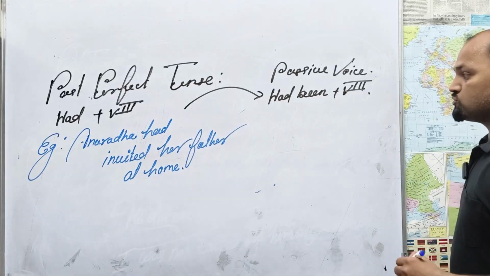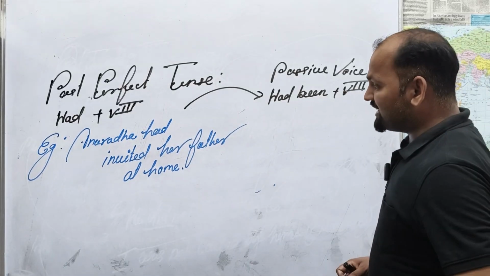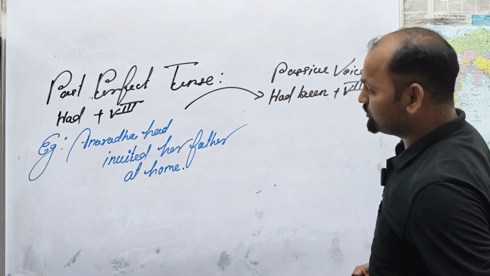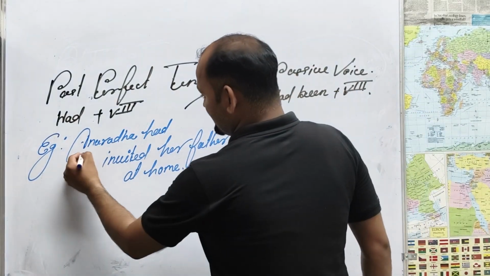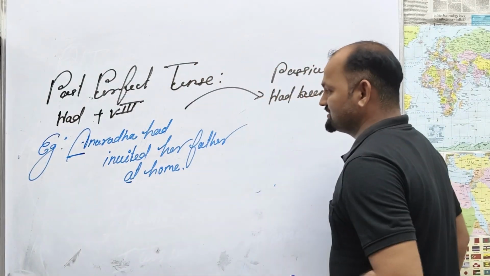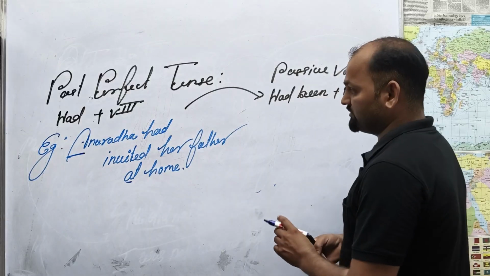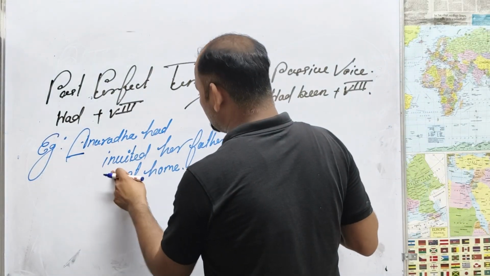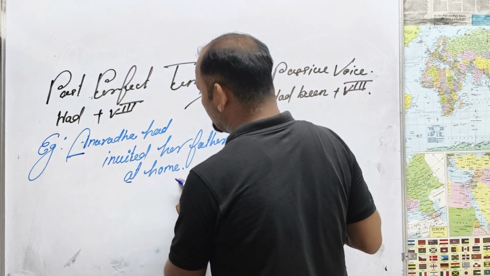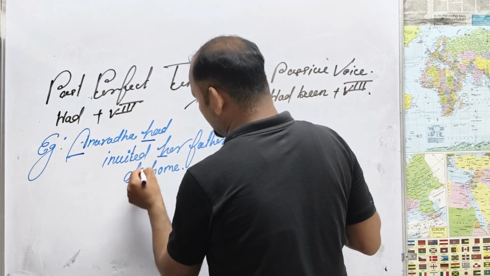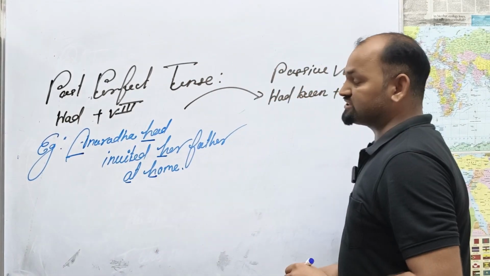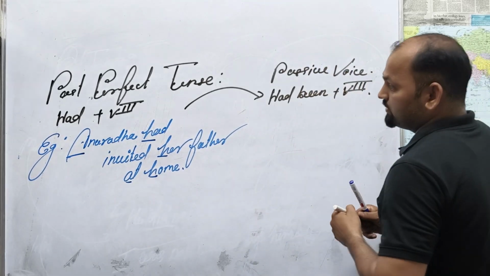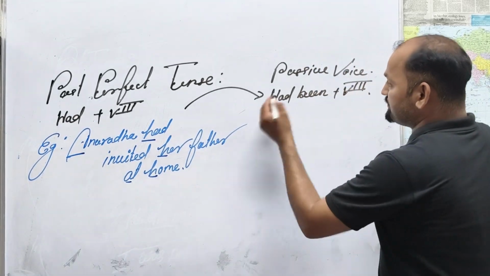Wow, right? Here we can call there is alliteration, according to the figure of speech, the repetition of letters. So Anuradha had invited her father at home. There is a little bit of HH, an alliteration figure of speech. Okay. Now, how do we change it into the passive voice?